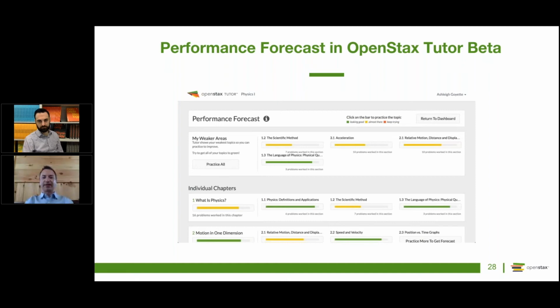So if they click on any of the performance indicator bars, then a practice widget is launched, and that practice widget enables students to practice retrieval on that precise topic. Again, closing that learning feedback loop. Thus, we're able to give students additional information to monitor their learning and to practice on the areas they're struggling with.